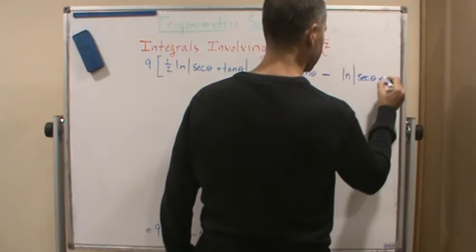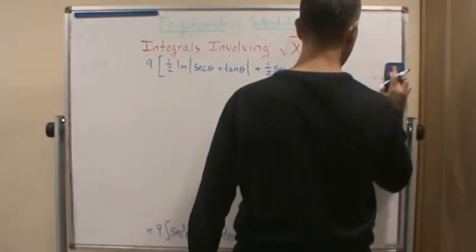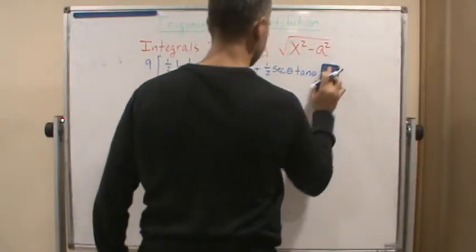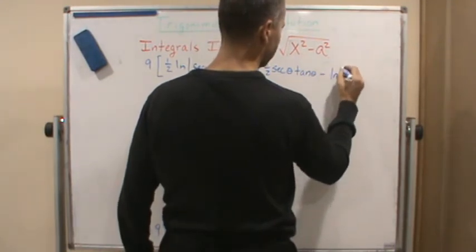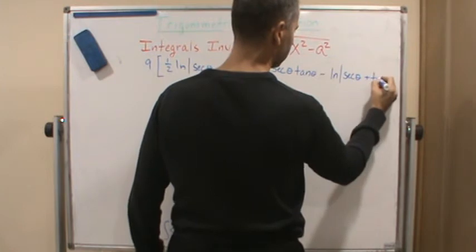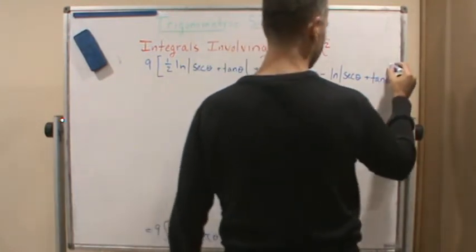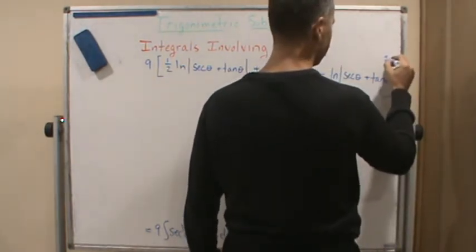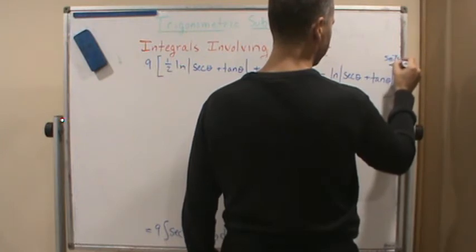Secant theta plus, oh, let me rewrite that. So minus, and this is going to go from 0 to secant inverse of 5/3.